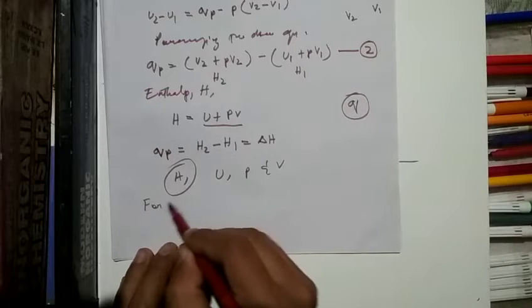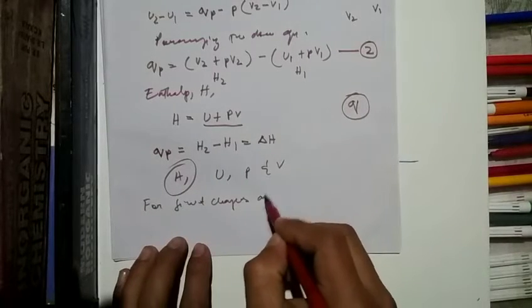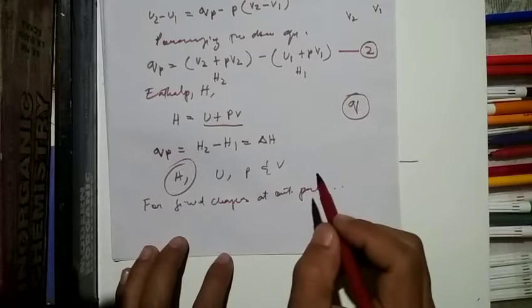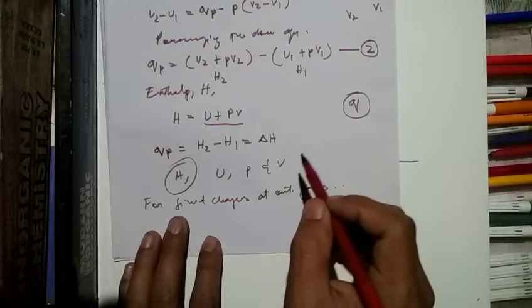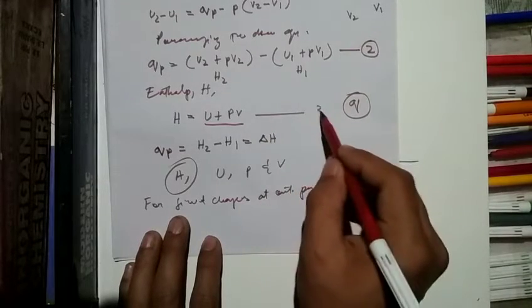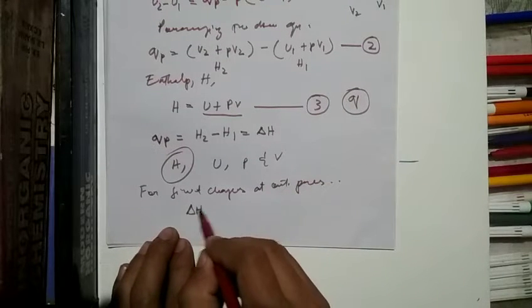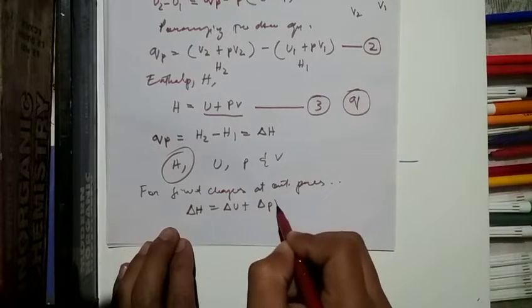Now for finite changes at constant pressure, we can write this equation as delta H is equal to delta U plus delta PV.